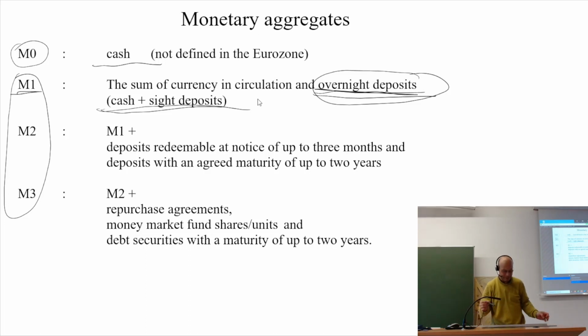And therefore one increases this maturity from daily deposits to longer maturities, from 3 months up to 2 years, where if you have these deposits or investments, we can also exchange real goods or services for them. And therefore, we include this in another larger money aggregate, M2.